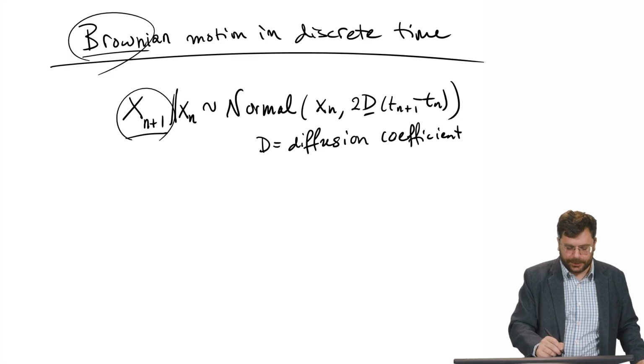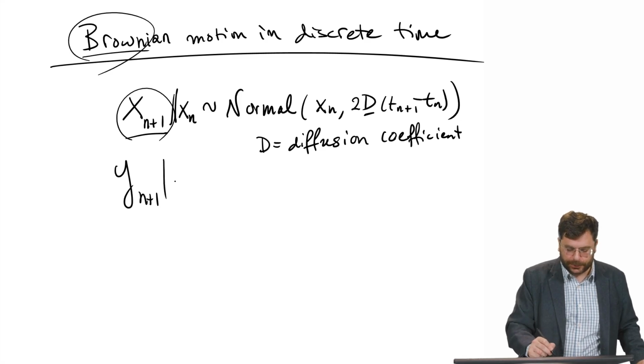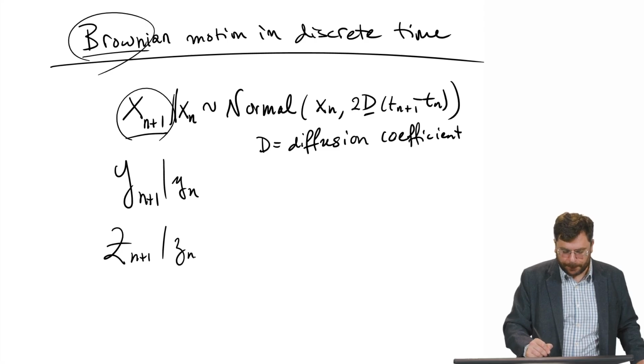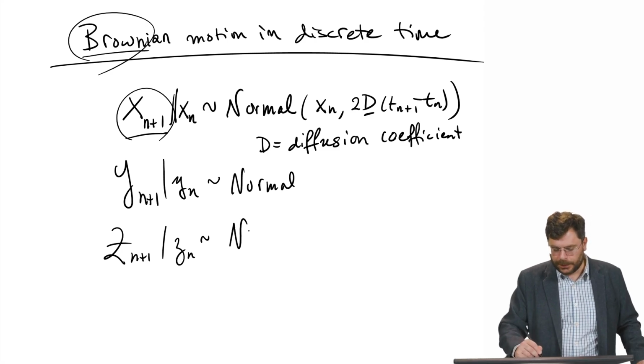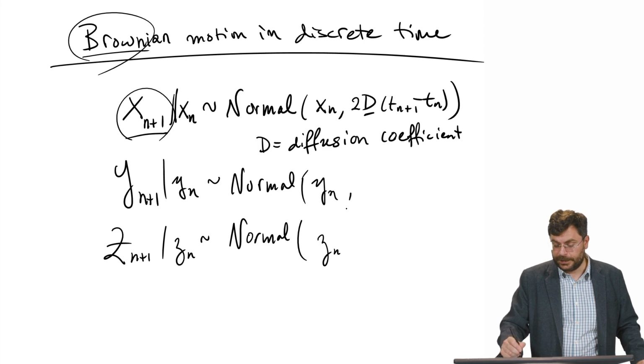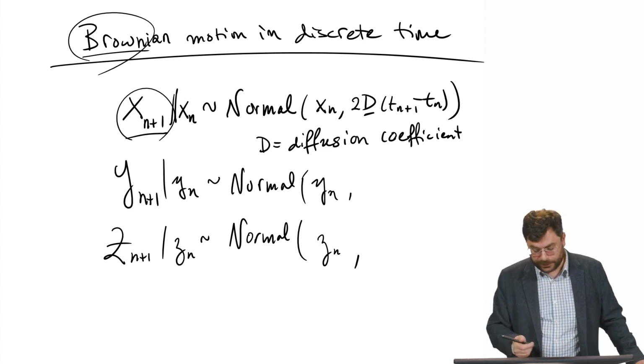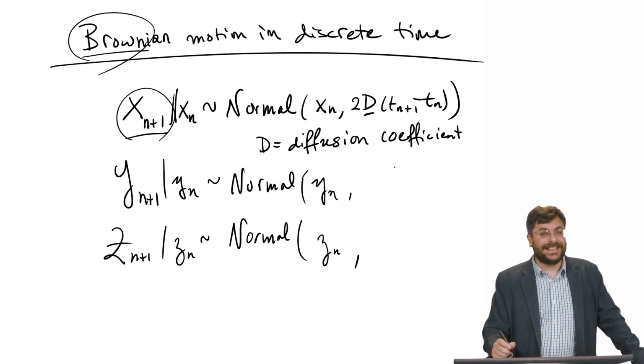Now, we said this is 3 dimensions, so we might as well throw in a y_{n+1} given y_n, and a z_{n+1} given z_n. And those are also drawn from normals, and they're going to be independent normals centered at the previous y_n, previous z_n, with exactly the same standard deviation.